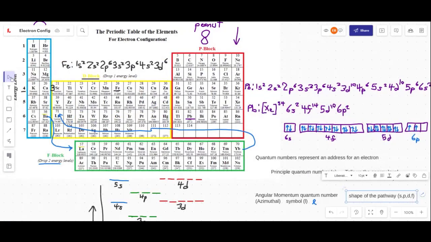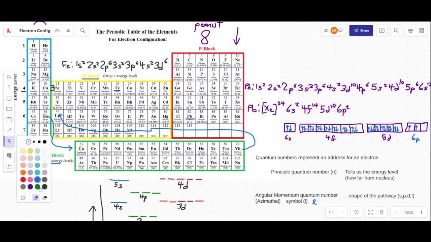So I was going to go ahead and erase some of my babbling earlier with the iron here. So I'm going to draw a D orbital.